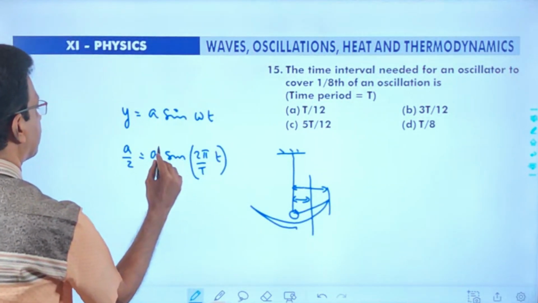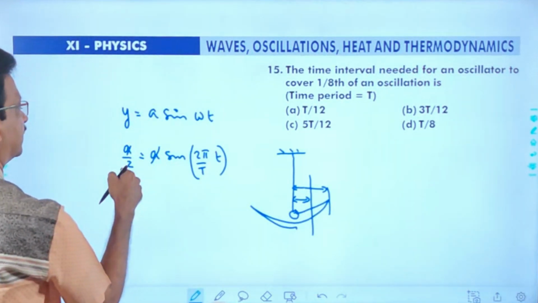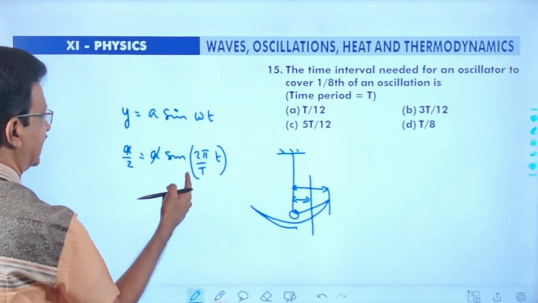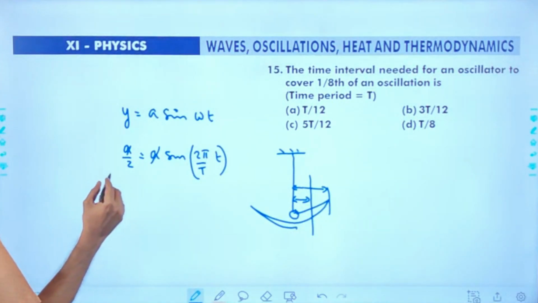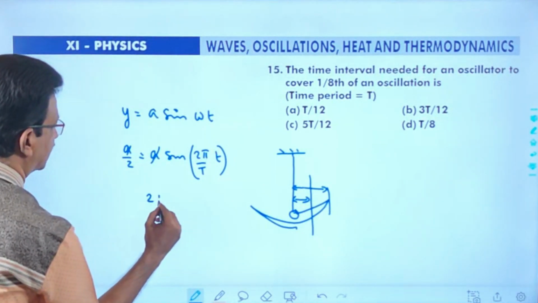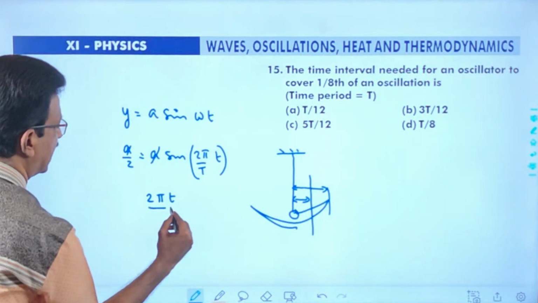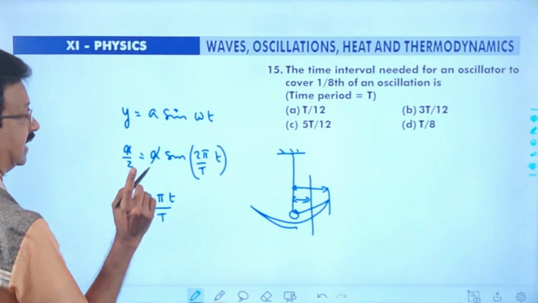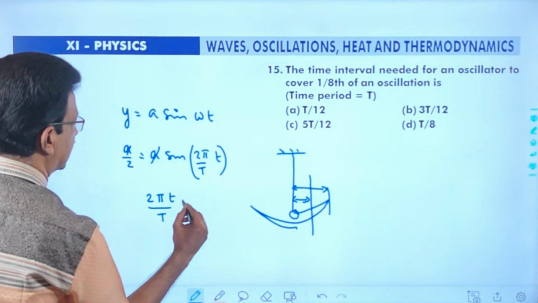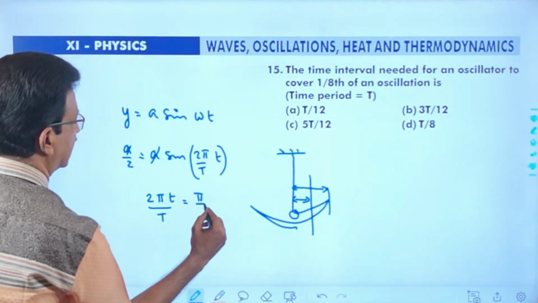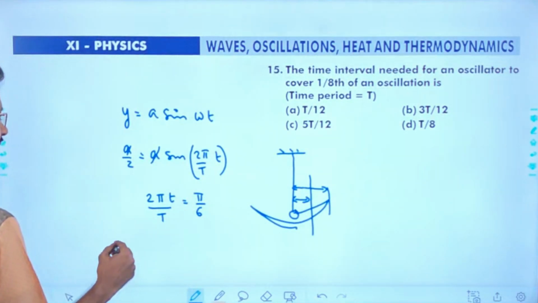And the sine function becomes half if 2 pi t by T is equal to 30 degree or pi by 6. Therefore, 2 pi t by capital T, where capital T is the time period of oscillation, equal to pi by 6 radian.